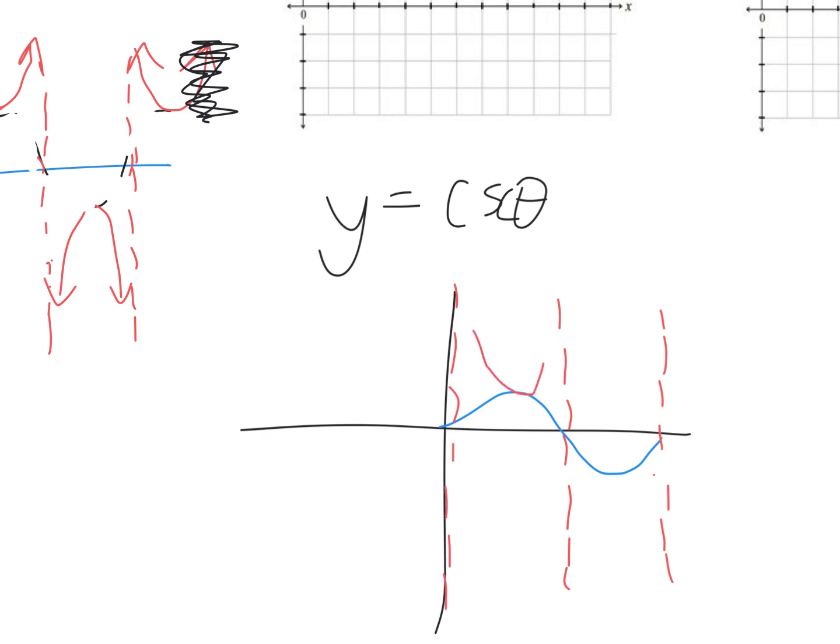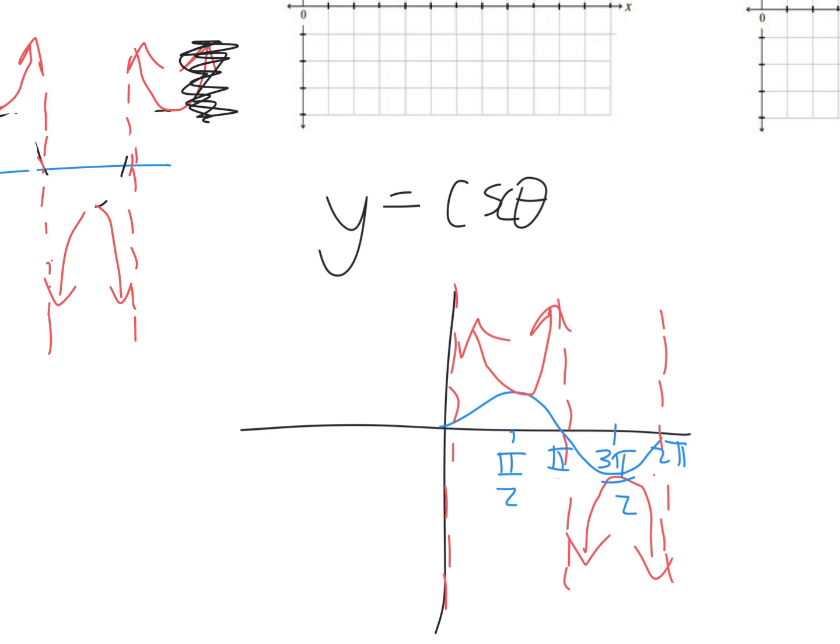And then the loops go like this and this. So if you know what original sine looks like, you really know sine and cosecant. Okay, there's the big graphs.